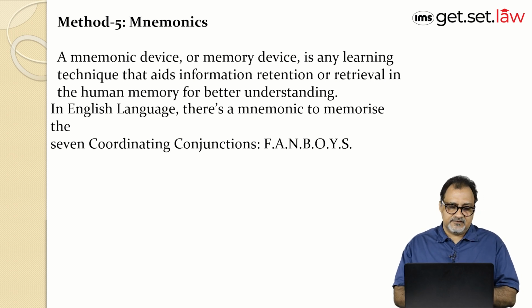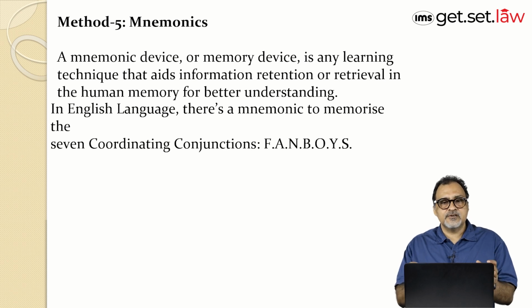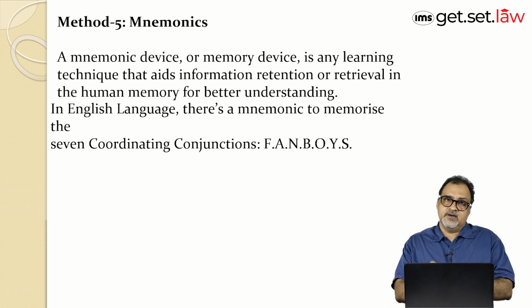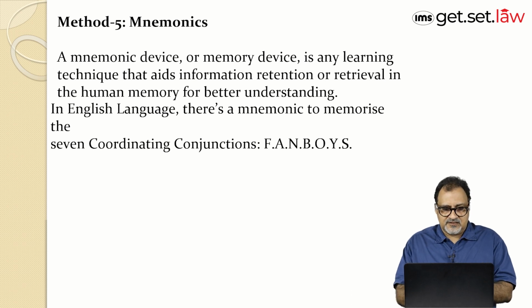In English grammar, for example, there is something called coordinating conjunction. Coordinating conjunctions are words that join words or groups of words of equal value. For example, if I say Bob and Sam went to the market, Bob and Sam are both subjects of the sentence. They are of equal importance in the sentence. And the words that join these words or groups of words of equal importance are called coordinating conjunctions.